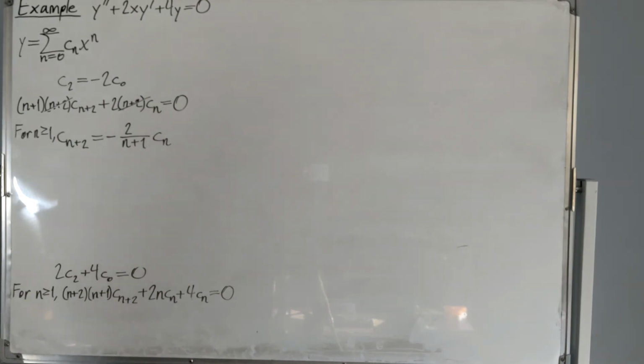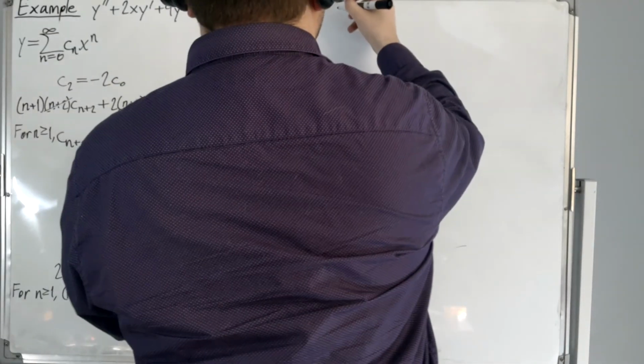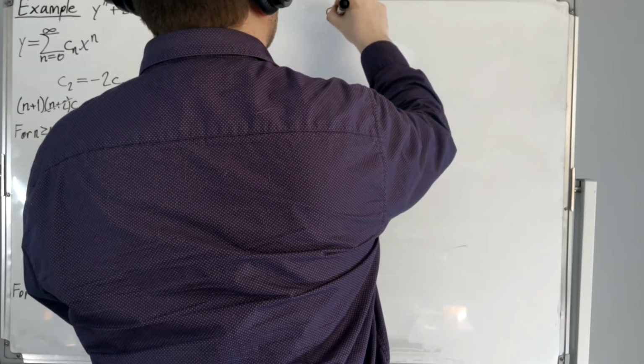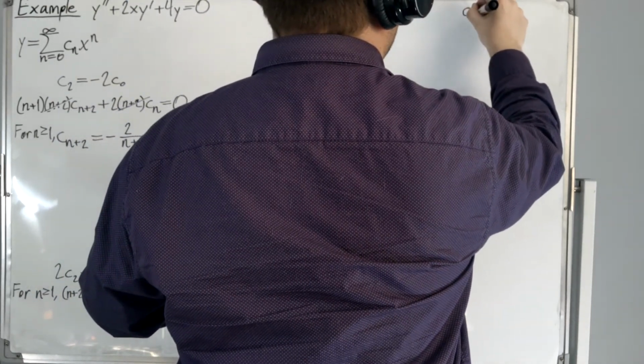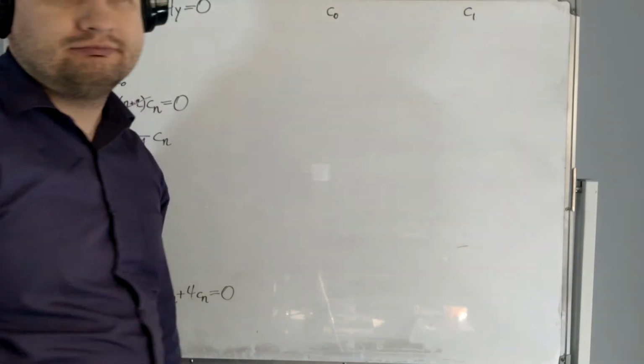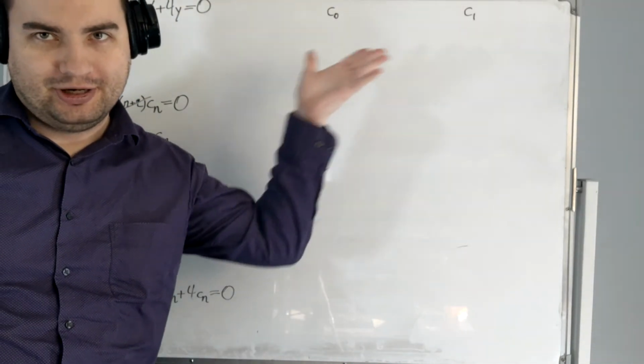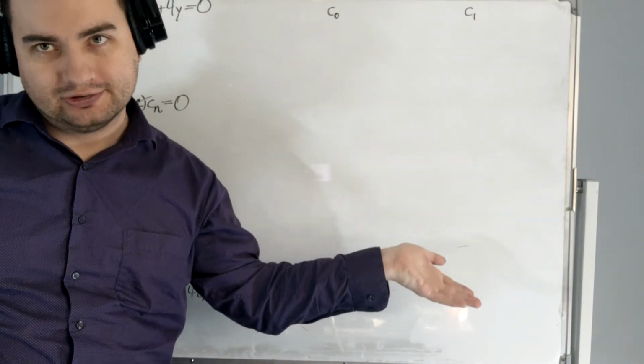Okay. So once again, C0 is whatever C0 is, and C1 is whatever C1 is. These are going to become the arbitrary constants in our general solution.